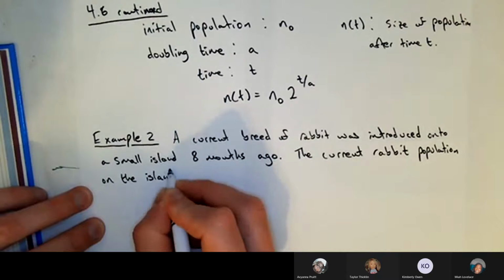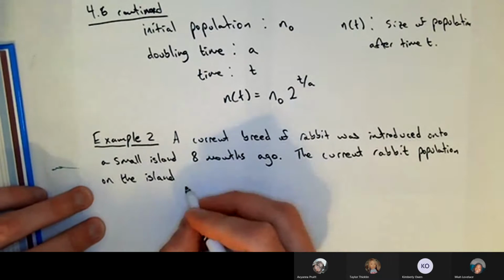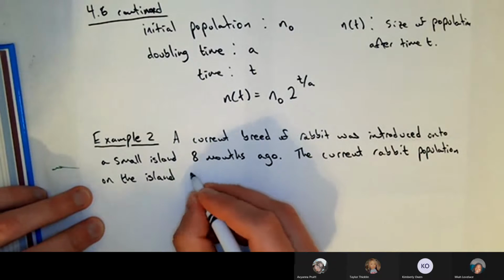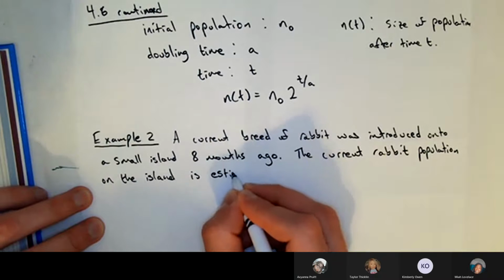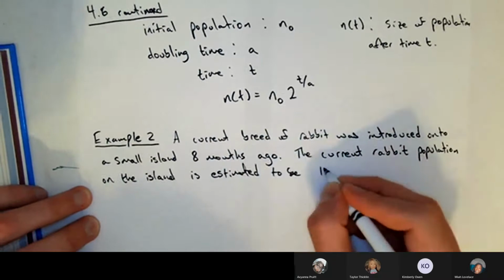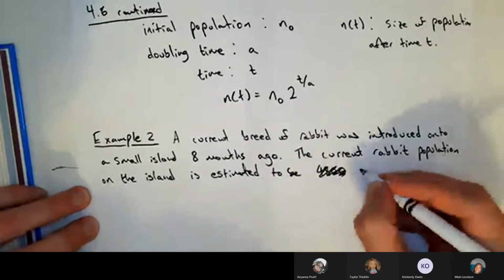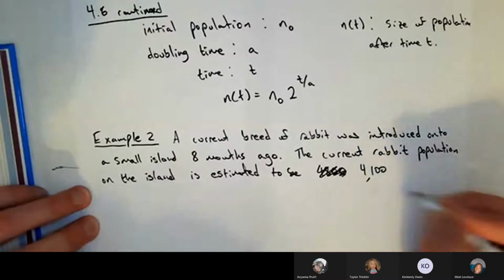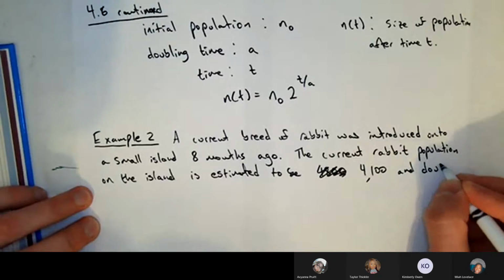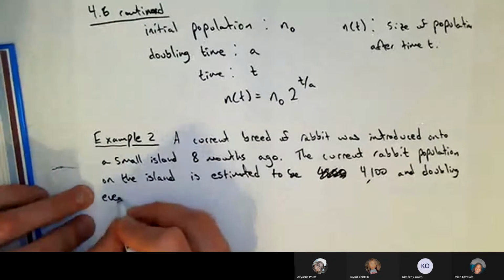The current rabbit population, so this happened 8 months ago, and now the current population on the island is estimated to be 4,100, and doubling every 3 months.